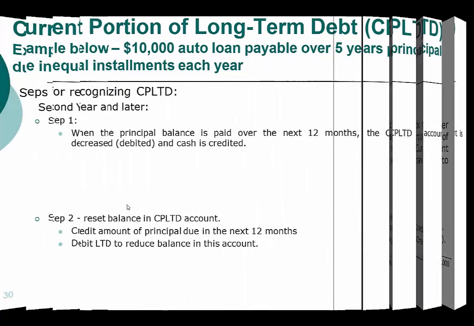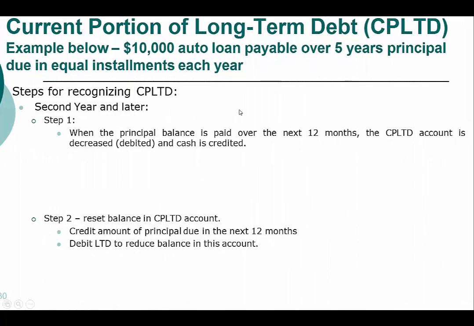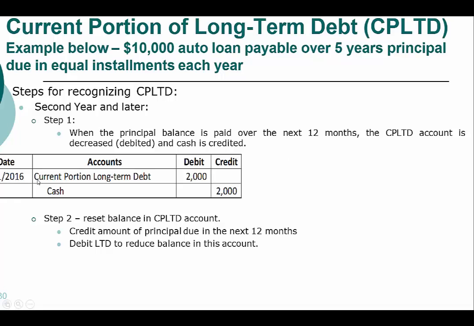Let's look at the same example, but what happens as this loan continues to progress, in the second year and later. When we come to pay the principal balance for the following year, we take it directly out of the current portion long-term debt account, because that is the one that has come due.